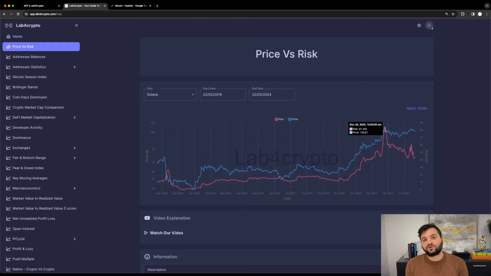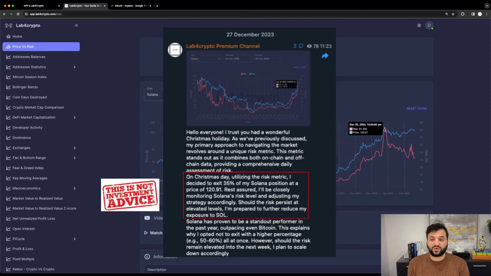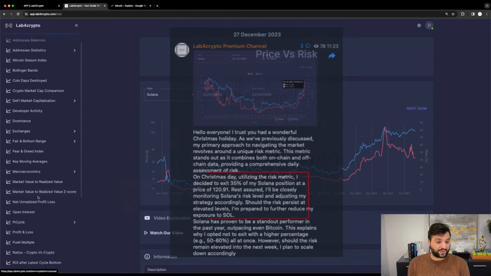And the main goal of an investor who does not have a lot of time and wants to make the most of it is to accumulate in this region when the Solana risk was low and exit when things are starting to heat up. And that was something that I did, and it was a point at which I exited with 35% of my holdings that day. And the reason that I didn't go with even more is due to the great performance that Solana showed compared to Bitcoin.